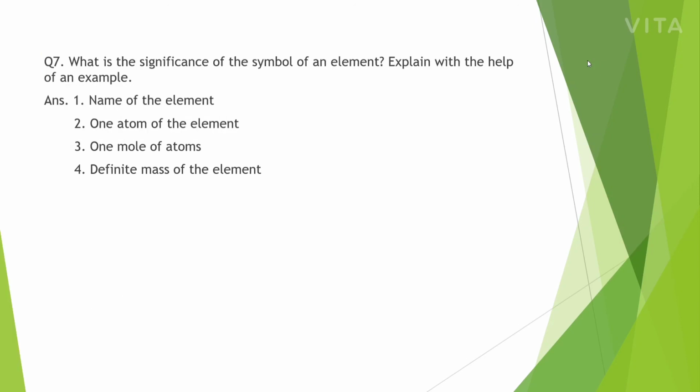Now our next question is, what is the significance of the symbol of an element? Explain with the help of an example. Now the symbol of an element represents many things. Like the symbol of an element represents the name of the element. It also represents one atom of the element.